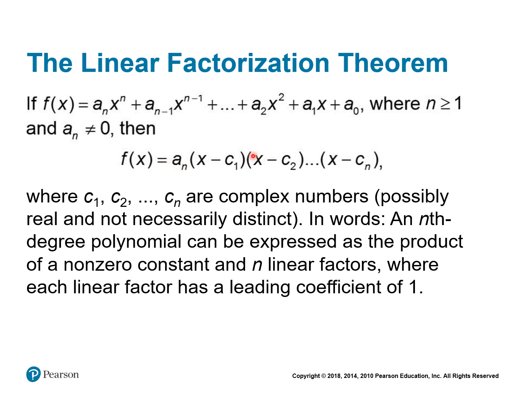Now, those roots, which are represented by c, could be exactly the same value, or they could be imaginary values. They need not be distinct. So what it says here is it can be written in this form where c sub 1, c sub 2, c sub n are complex numbers, possibly real and not necessarily distinct.